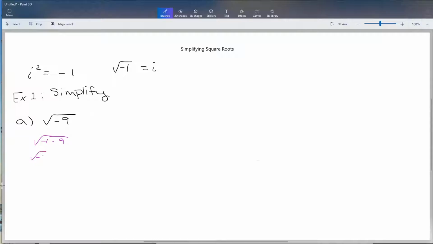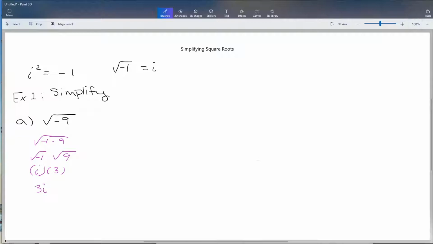Now, the square root of -1 times the square root of 9. I know that the square root of -1 is i, and that the square root of 9 is 3. Now we saw earlier how you write imaginary numbers: you want to write this as 3i, i times 3, that's 3i.